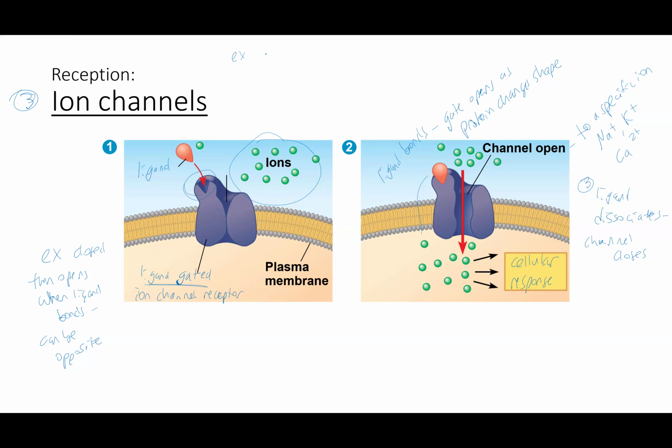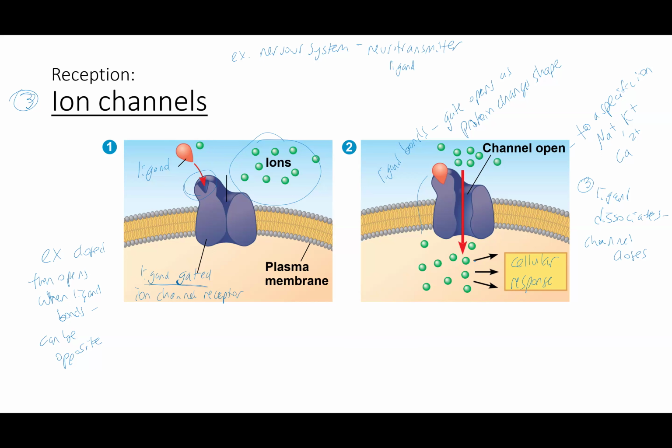So an example of this in real life is the nervous system. The nervous system uses neurotransmitters. So this ligand could be a neurotransmitter. That neurotransmitter is going to bind, it's going to open the channel so that ions can move through.